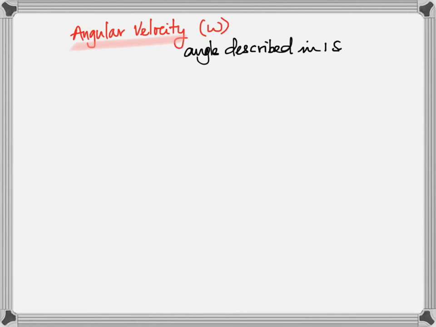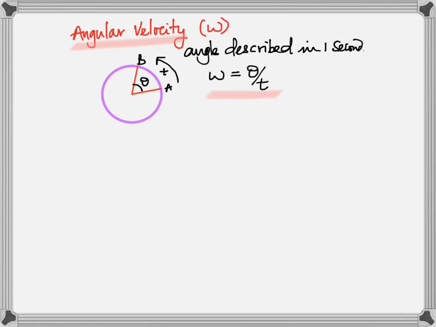Angular velocity is the angle described in 1 second, and that's how it's defined. The same figure again. The symbol is omega, and omega is theta over t. Theta is the angle, and t seconds is the time taken to cover that angle.